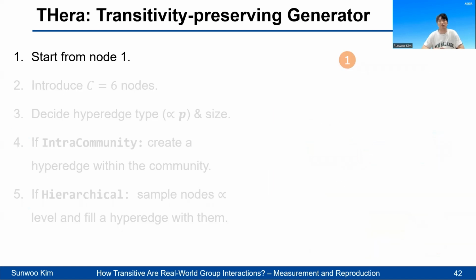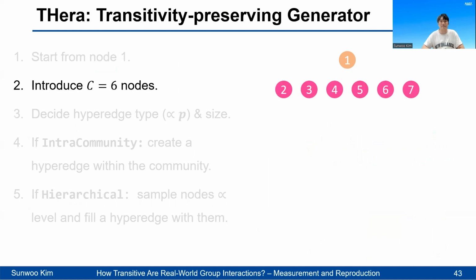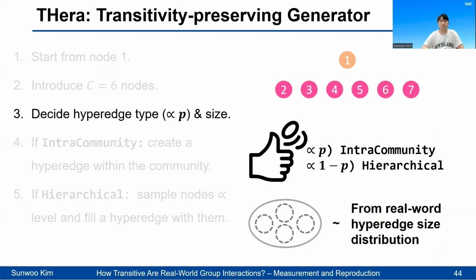Let me introduce more details of the generation steps. First, Thera introduces a single node at the top of the tree. Then, it introduces a predetermined number of nodes in the next level of the tree. After, Thera stochastically determines the type and the size of the current hyperedge. Note that the type becomes intra-community proportional to P or hierarchical proportional to 1 minus P, and it samples the size from the real hyperedge size distribution.